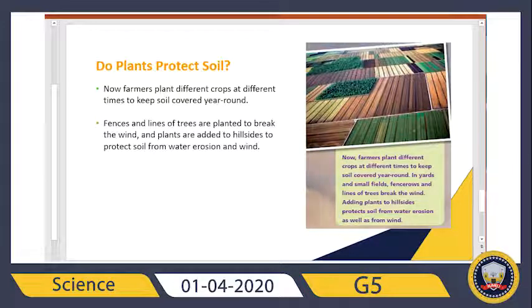So when we increase the number of plants, even the trees, it does not have to be only crops. When we increase the number of plants, we are decreasing the erosion. We are decreasing the chance of losing the good soil for farming or good soil for plants, because the roots of the plants are keeping the soil in its place.